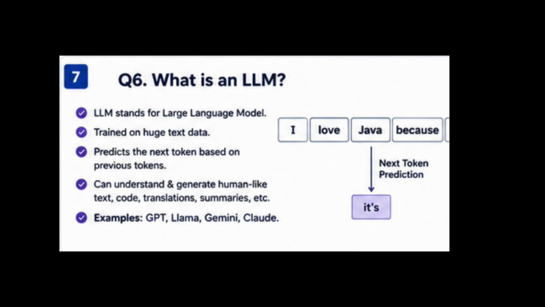Its primary job is to predict the next token based on the previous tokens. Although this sounds simple, repeatedly predicting the next token allows the model to answer questions, summarize text, translate languages, generate code, and much more. Examples include GPT, Gemini, and Claude.